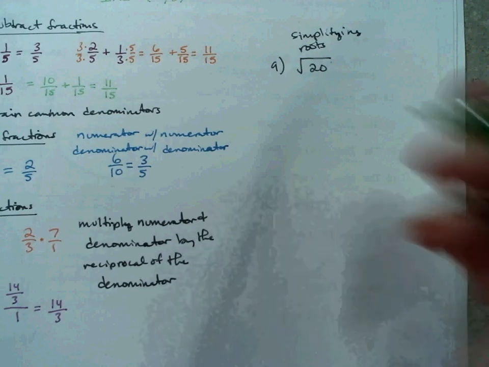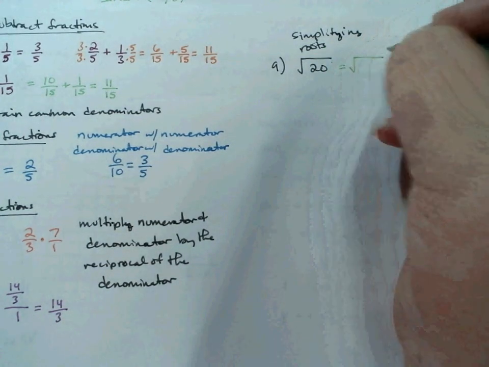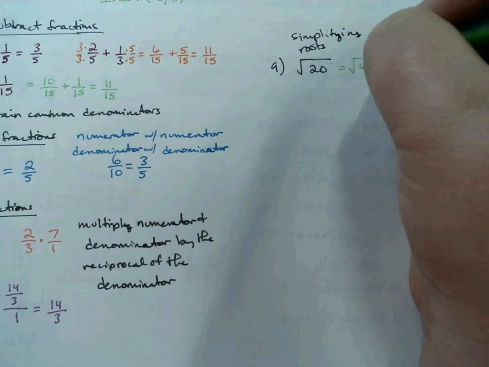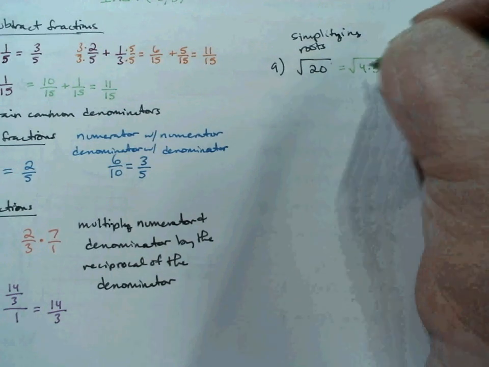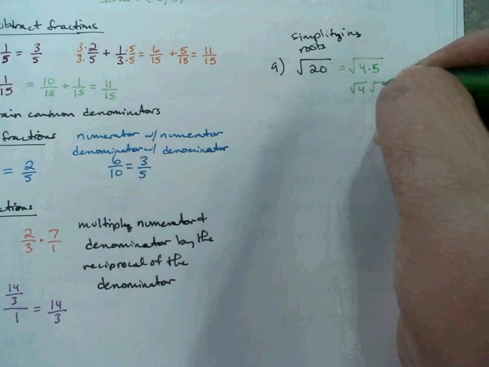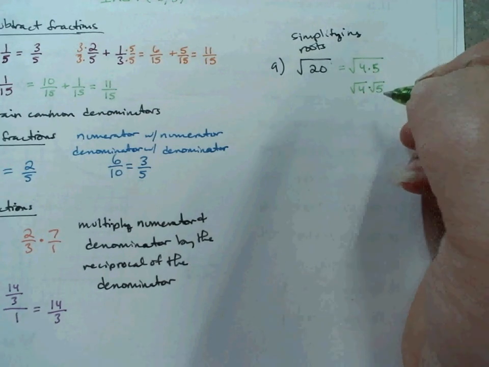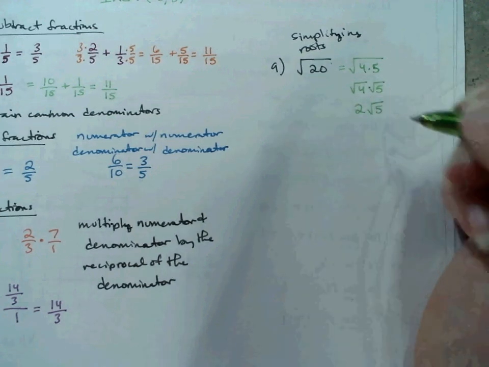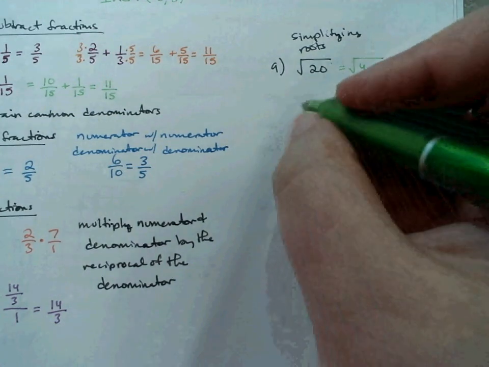If I asked you to simplify the square root of 20, then hopefully what you would recognize, or remember to do, is that you would want to break it down to 4 times 5. And the reason why is because 4 is the perfect square, right? Then you split it up and say the square root of 4 times the square root of 5. So you apply the root to each individually, and then you can simplify, and then there we go.